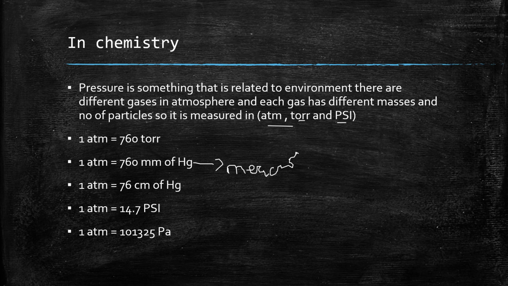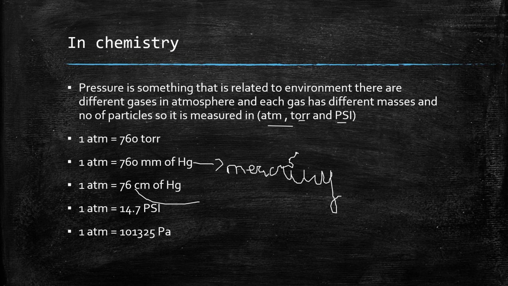Like the weight can be equal to the weight of the mercury at 760 millimeters. 1 atm can also be equal to 76 centimeters of Hg.